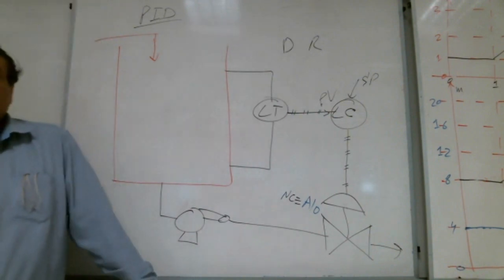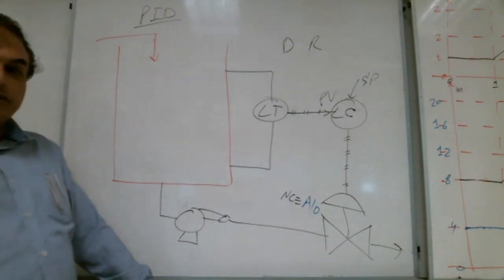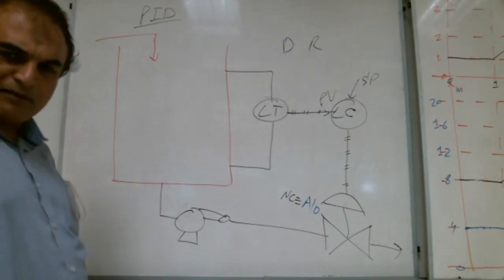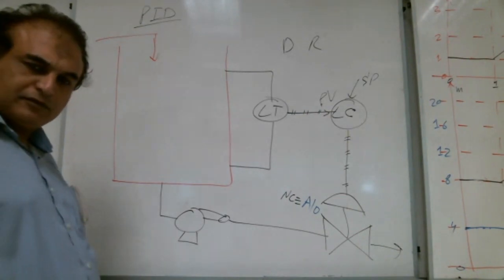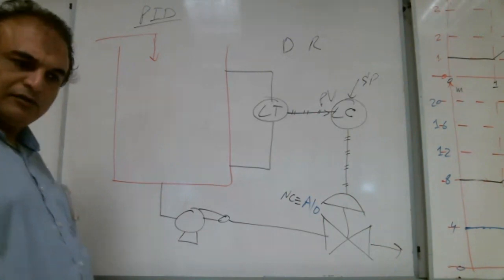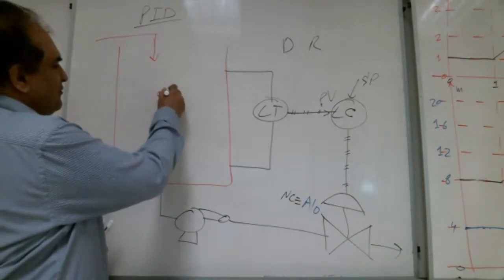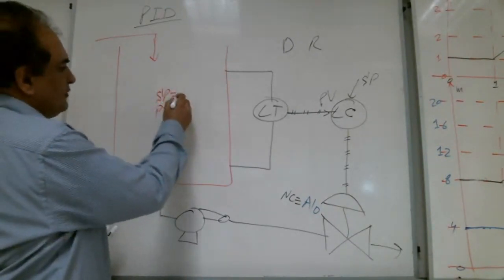So what is our procedure, Shabab? You remember the 4-step procedure? We have a 4-step procedure to find if it is direct or reverse. We suppose a number for set point and PV. Very good. So please tell me what is SP.